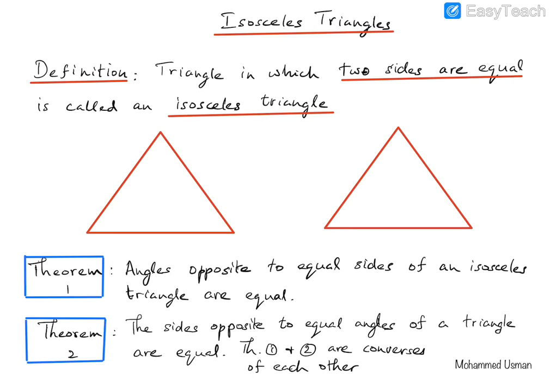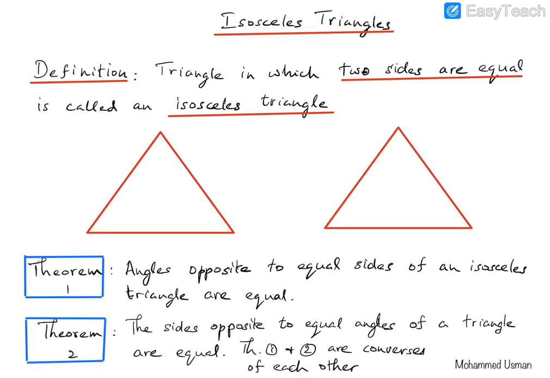There are some properties of isosceles triangles which we will study and then use to solve problems, to see different properties further in the chapter, and also to prove the congruence of triangles. Okay, so let us see what we mean by this.